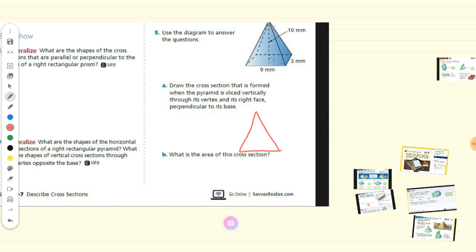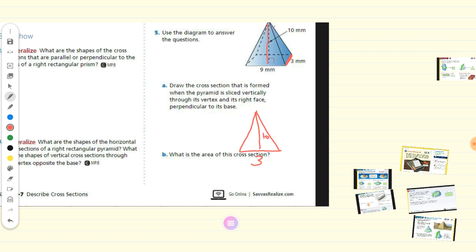He told us I need it from the right side, which is here. So this is considered the base, and this one is the height, because I need the right, from the vertex and the right face. So base here is considered as 3, and height is 10.